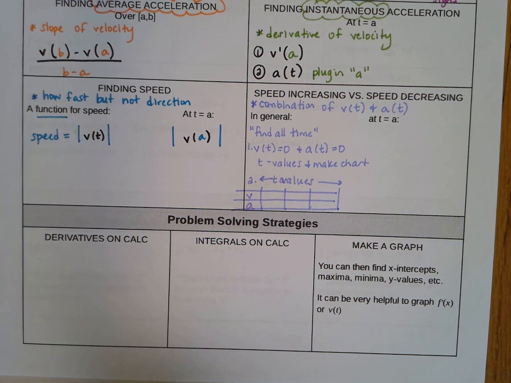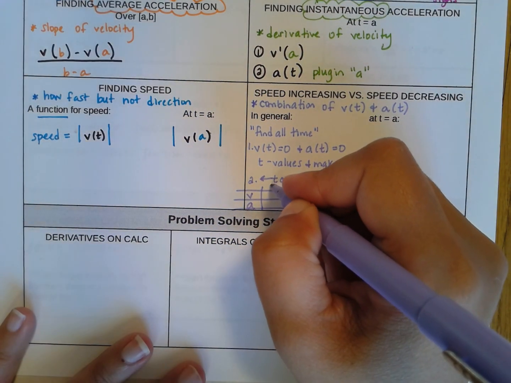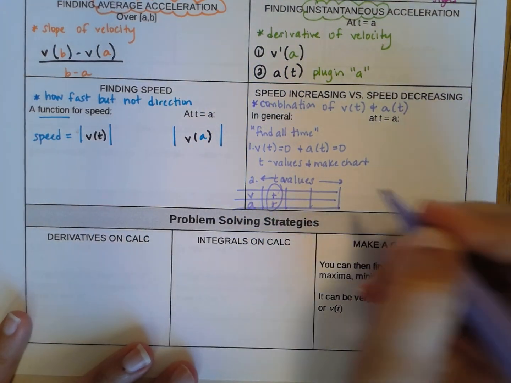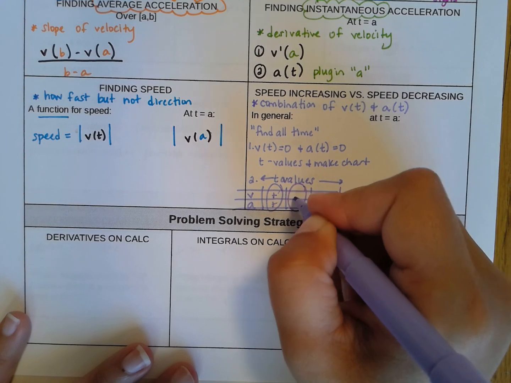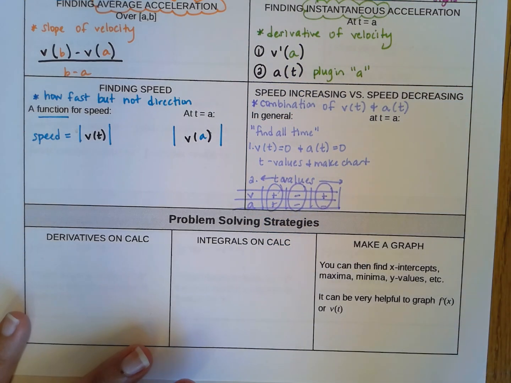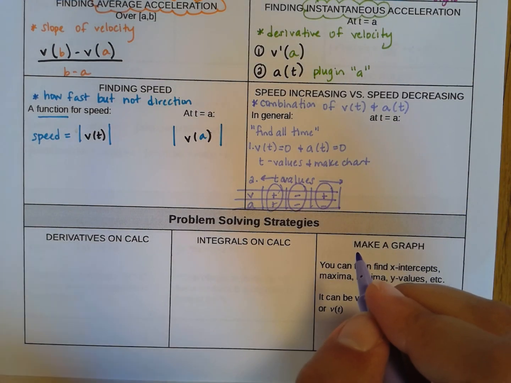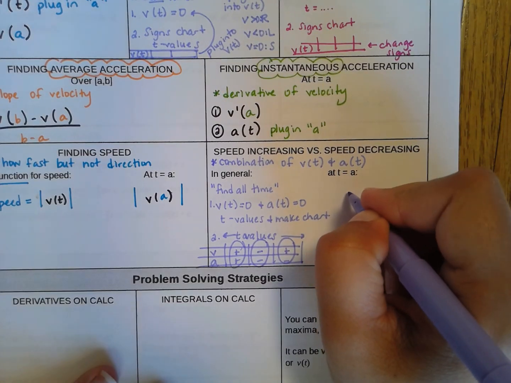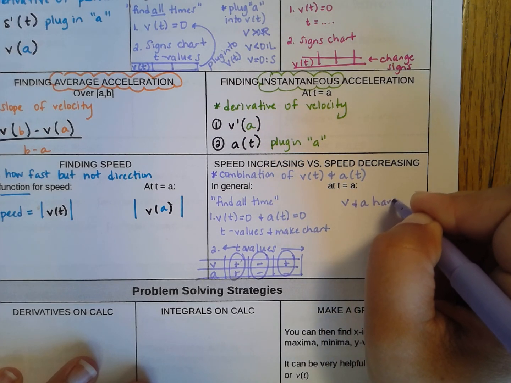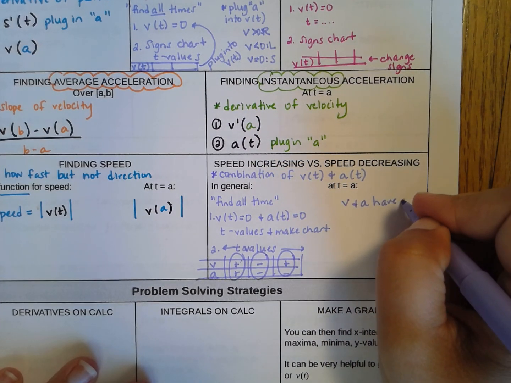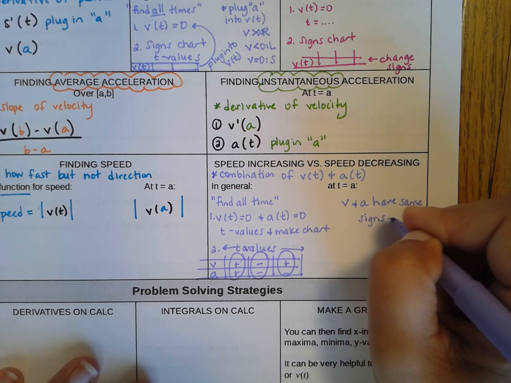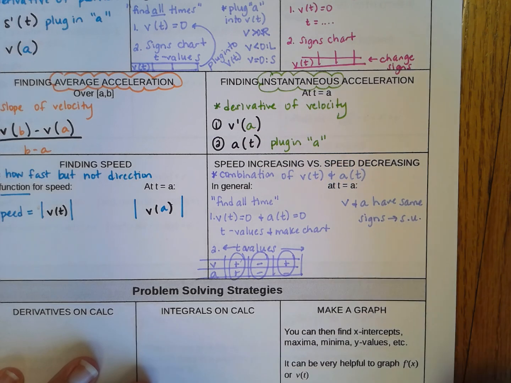Then you're going to look at the 2 rows together. If they have the same sign, so they're both positive, you're going to be speeding up. Or if they're both negative, you're going to be speeding up. Or if one is positive and one is negative, you're going to be slowing down. So in general, if v of t and a of t have the same signs, then you are speeding up.